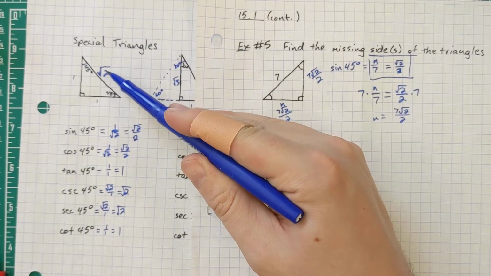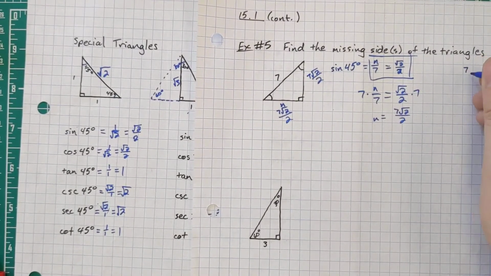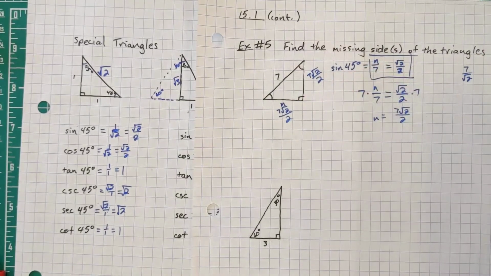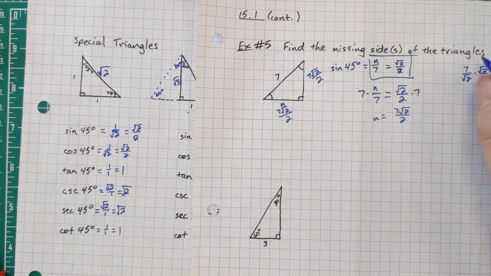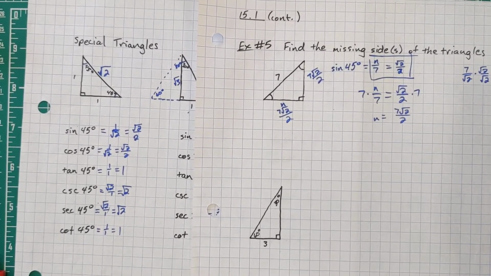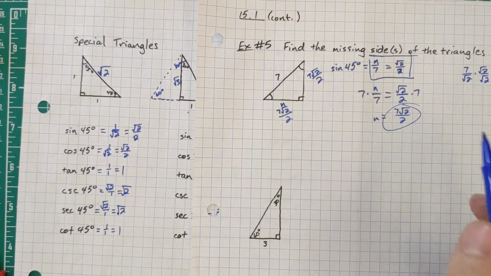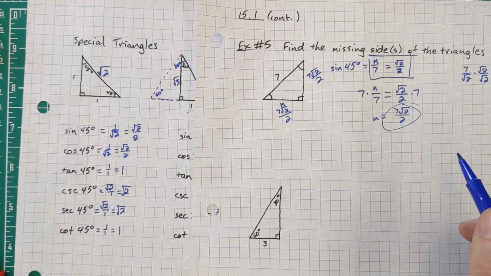I divide by square root of 2. So if I had 7, to go from the hypotenuse to this side I divide by square root of 2. Let's rationalize that, and we get 7 square root of 2 over 2. Same exact answer. So that is the length of both sides.